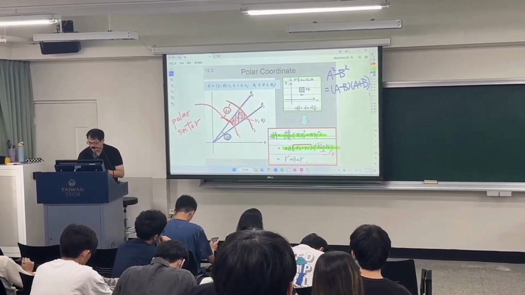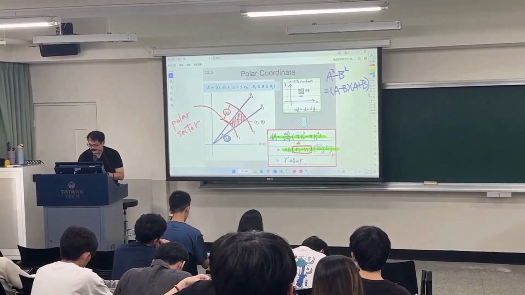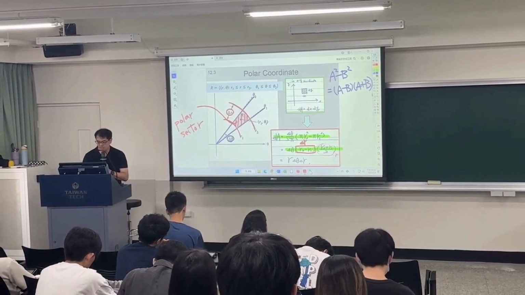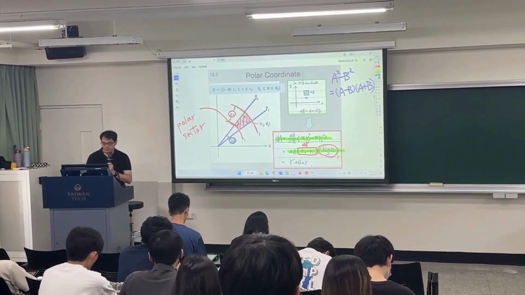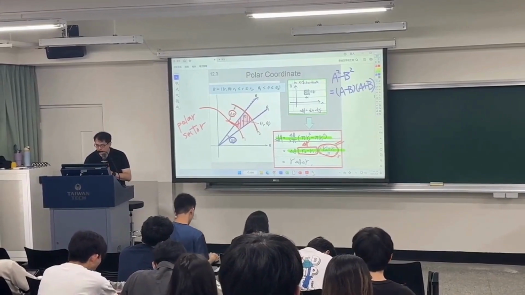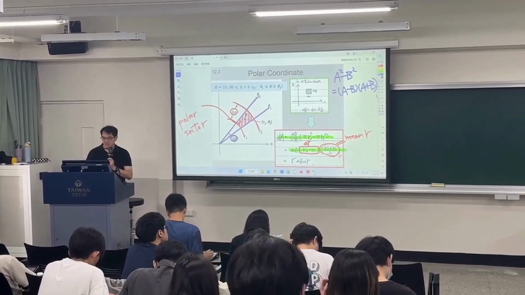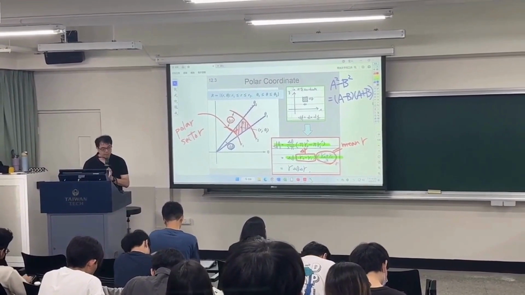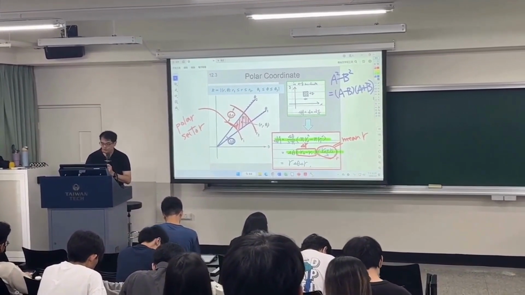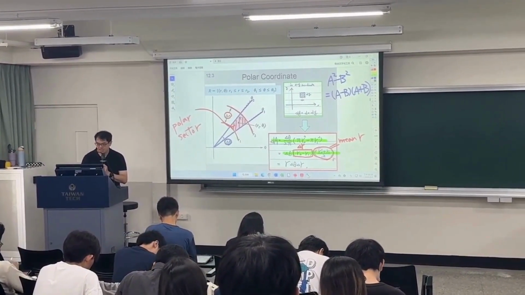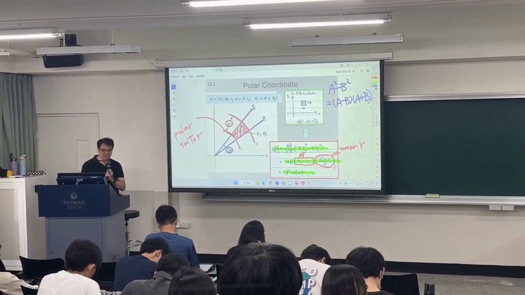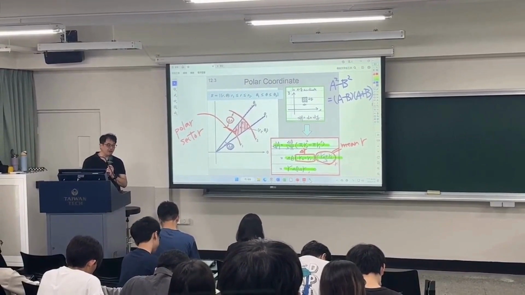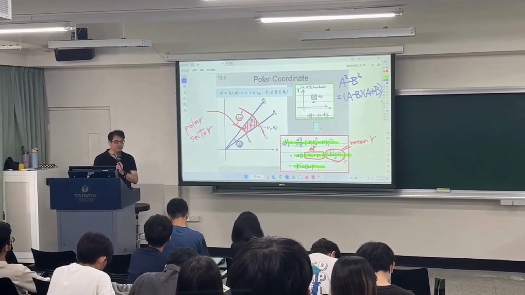This part will just be delta r, the change of radius. Then what will be r1 plus r2 over 2? It will just be the mean radius. So if we choose to use the simple r to represent the mean radius, then the equation will be simplified to r times delta r times delta theta.